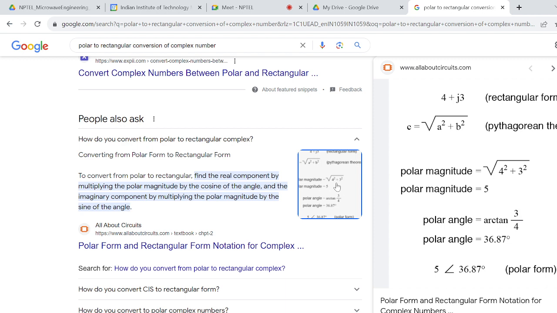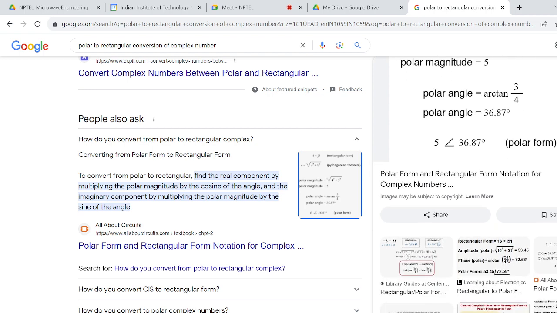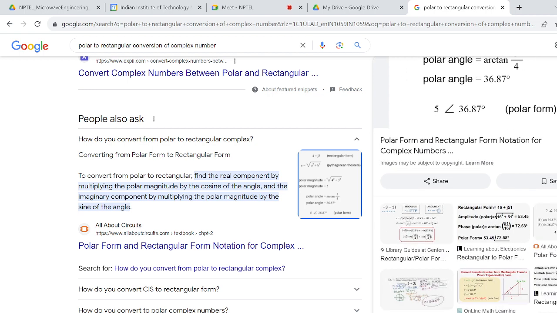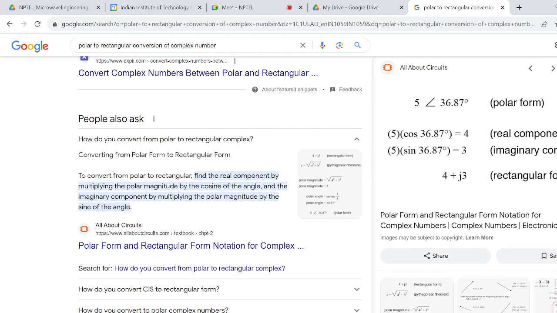Similarly, do the reverse conversion for polar to rectangular. So I'll write in a sheet. Polar form, suppose it is r angle theta. What we do is r cos theta and r sin theta.